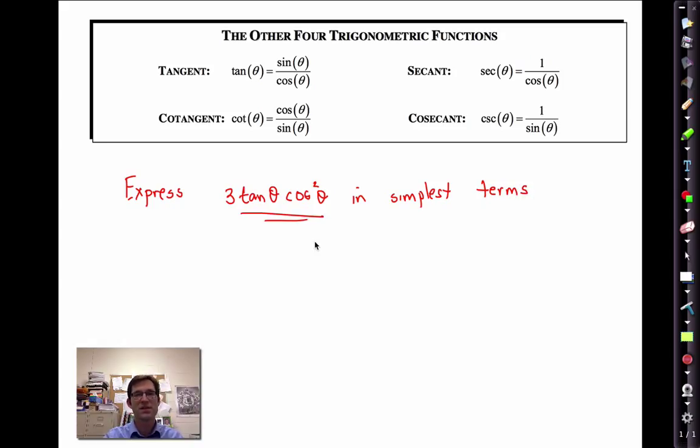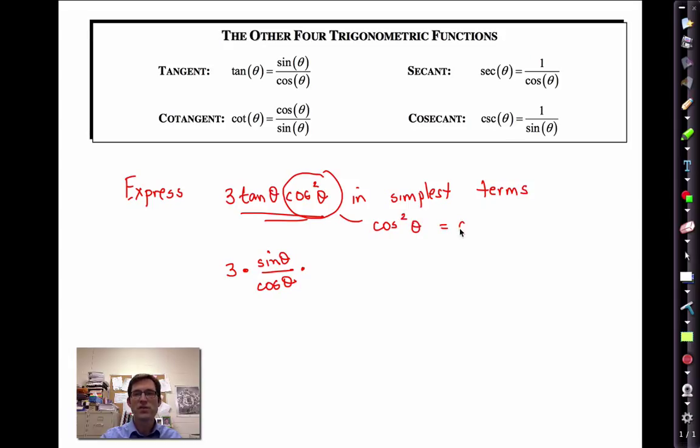Sorry about how messy that is. Well, a couple different things. First off, I would replace the tan theta with sine theta divided by cosine theta. Now, what in the world does cosine squared mean? Does that really mean I'm going to take the word cosine and multiply it by itself? Nah. Let me write it a little bit neater.